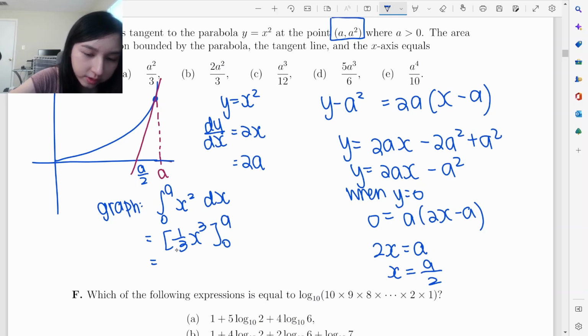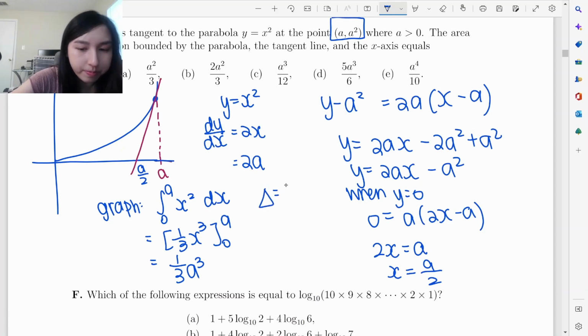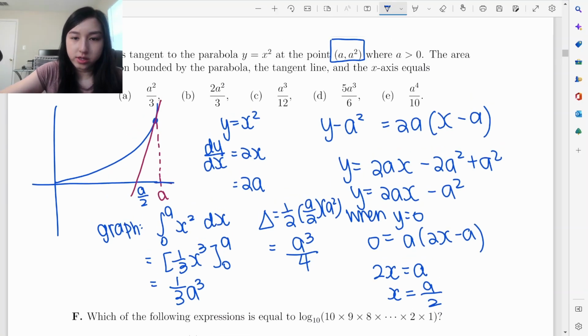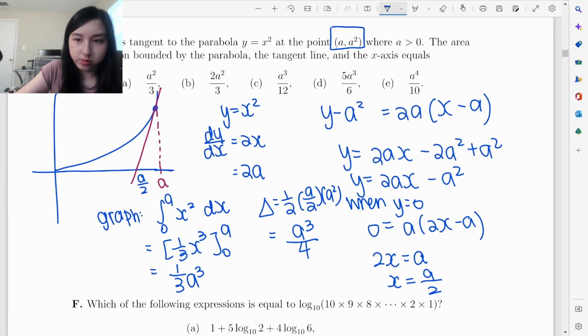So the area of this whole thing is 1/3 a cubed, and then the triangle here would be 1/2 times base a over 2 times height a squared. That's going to be a cubed over 4.